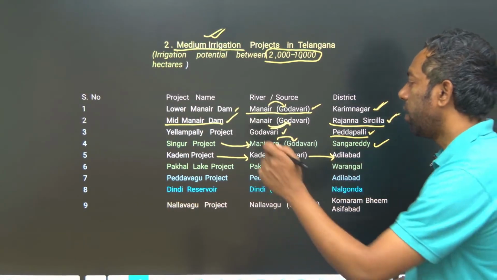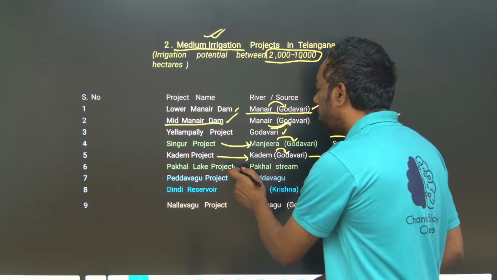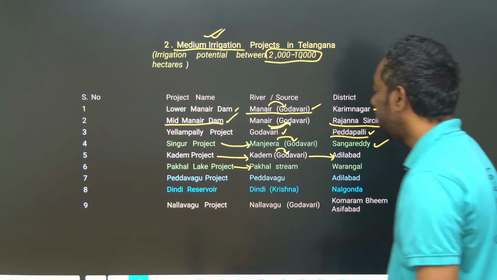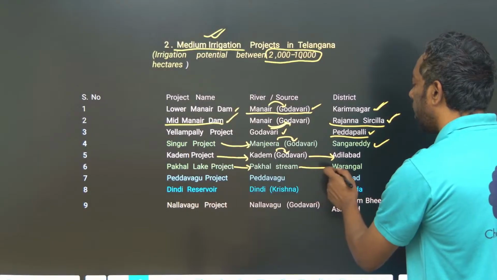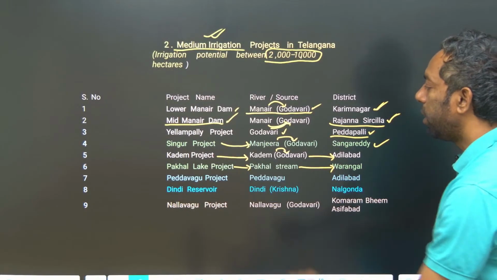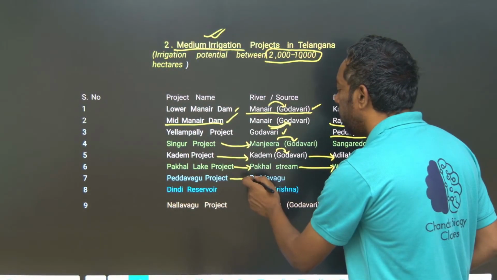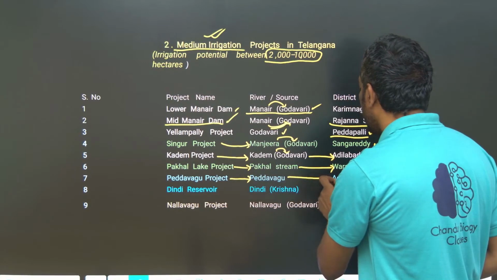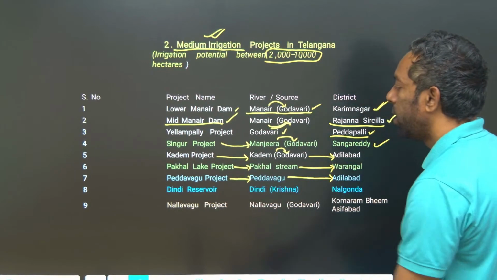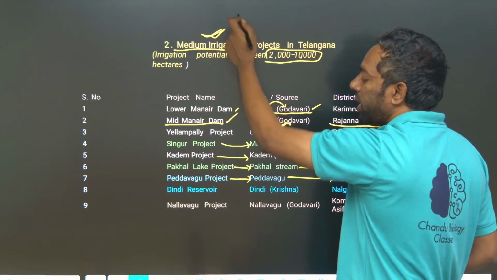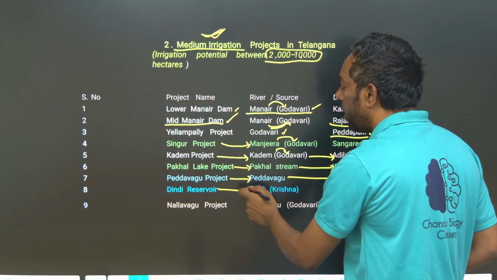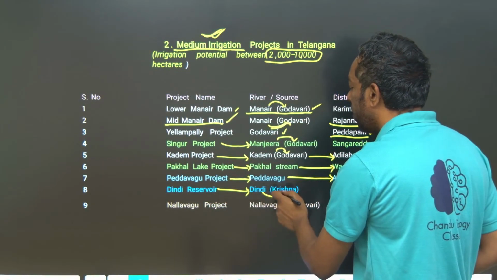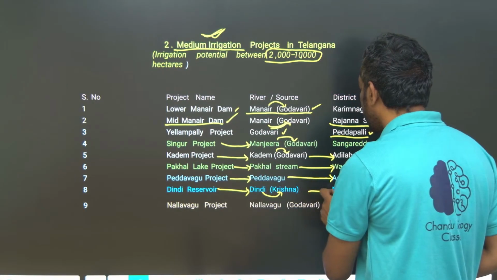Pakhal Lake project is on a stream, in Warangal. Peddavagu project is in Adilabad. In medium irrigation, Dindi reservoir is on the Dindi river, a tributary of the Krishna, located in Nalgonda.